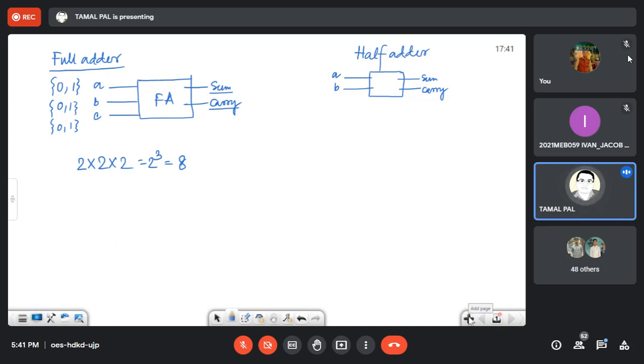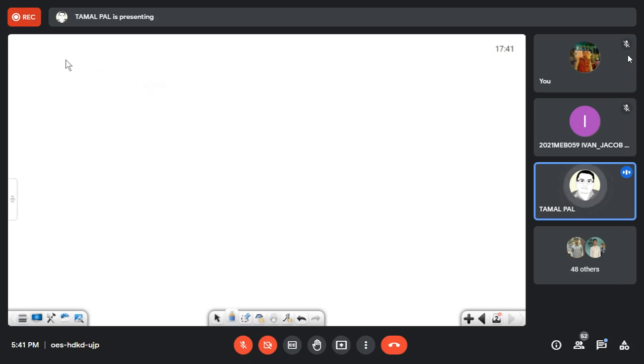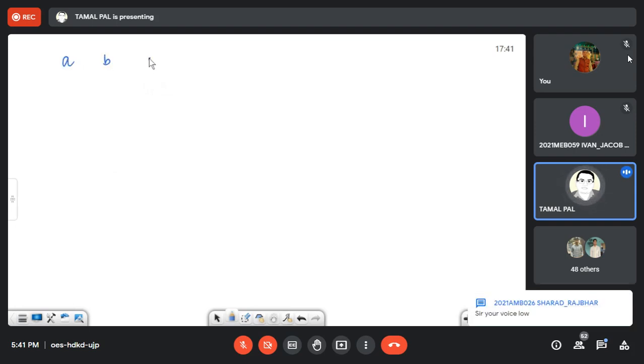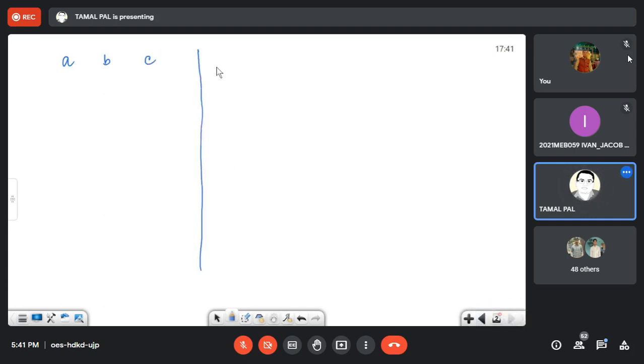Now let us construct its truth table, A, B, and C, and at the output side we have sum and carry. Now we generate the combination.